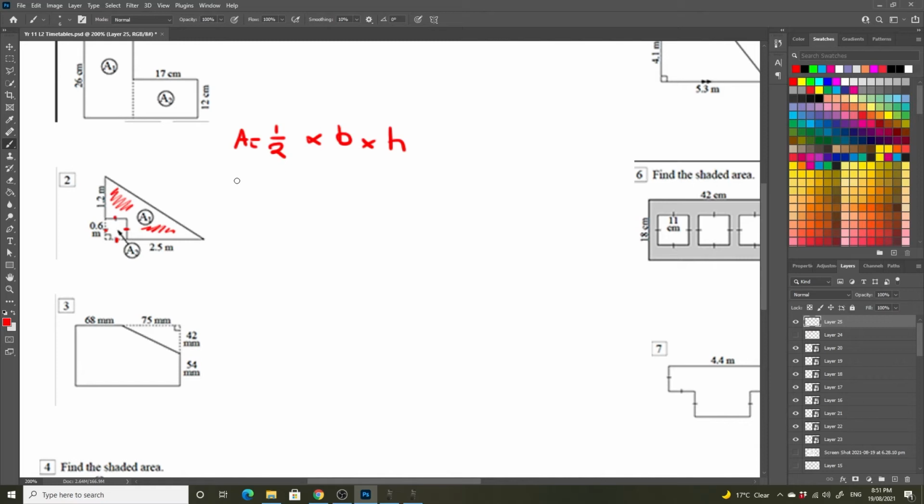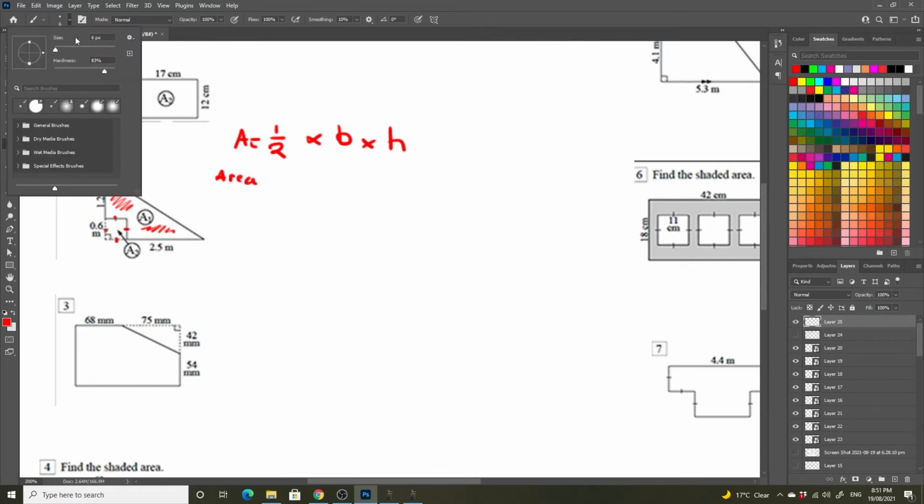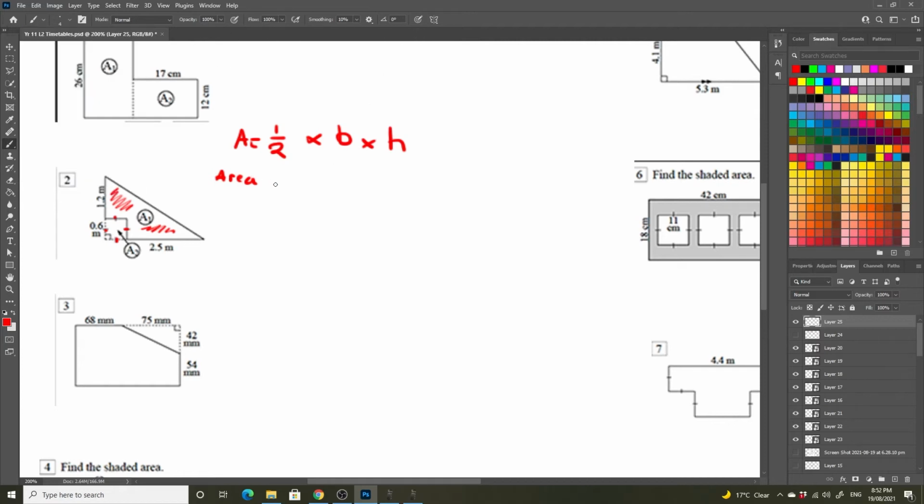So if we determine the area of the triangle, let's change this to 4. The area of the triangle is going to be equal to half times base times perpendicular height.